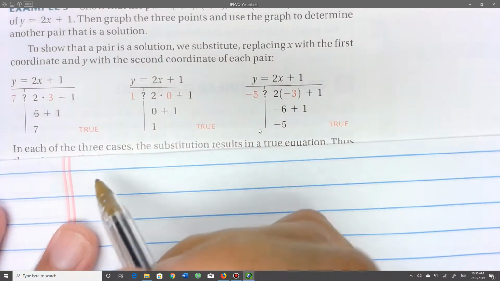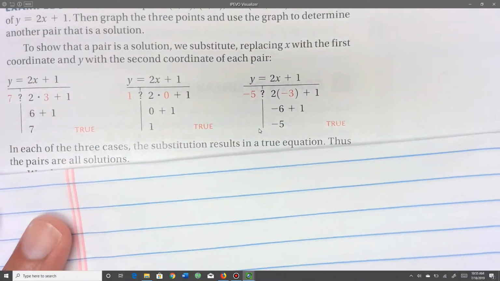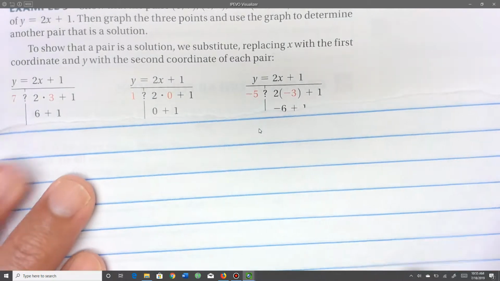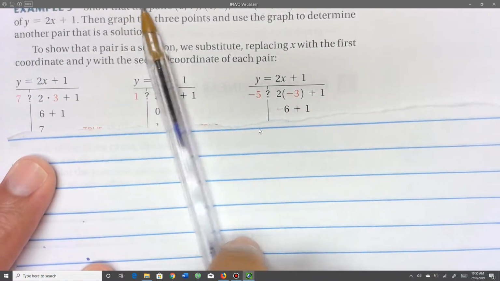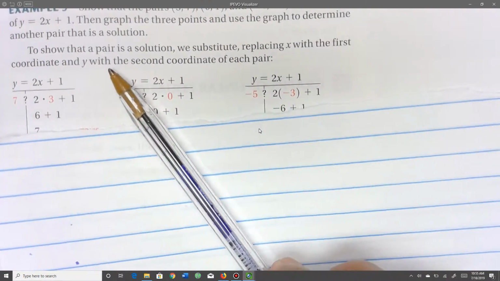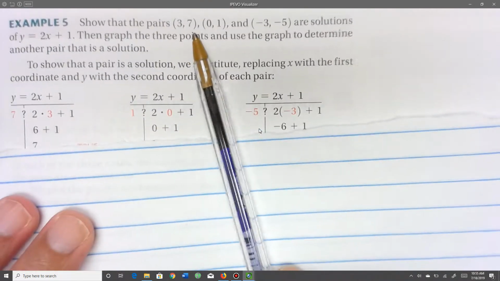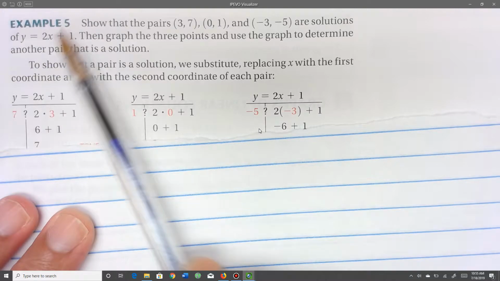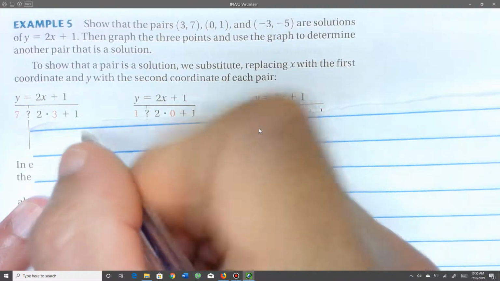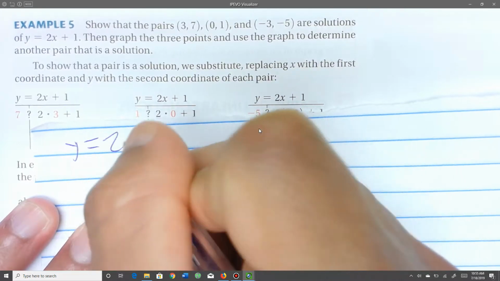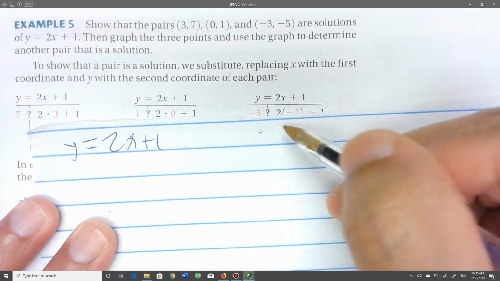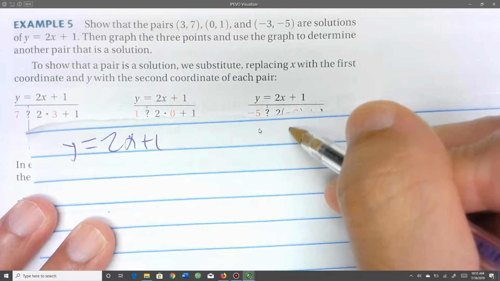I was right here, and I was talking about, oh yeah, we need to see if these ordered pairs are a solution of this equation. Okay, again, let me go ahead and write the equation here so I can have it right there.